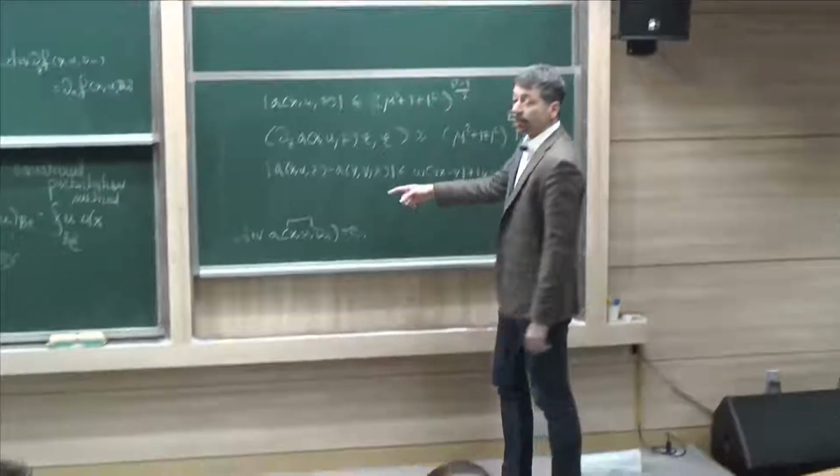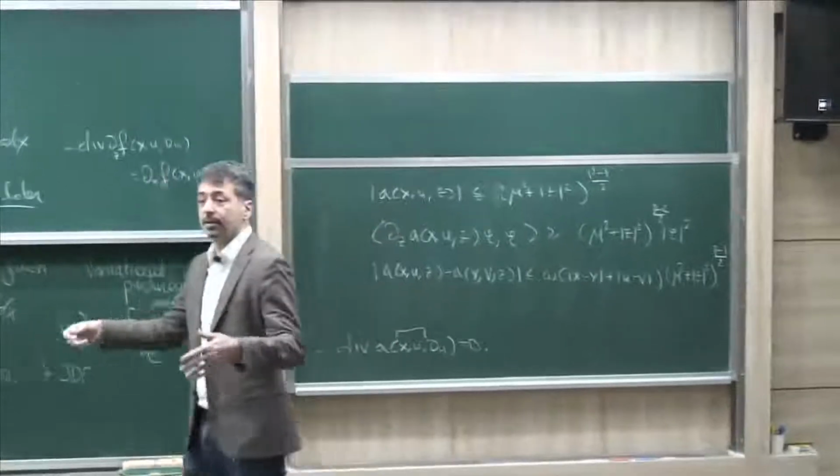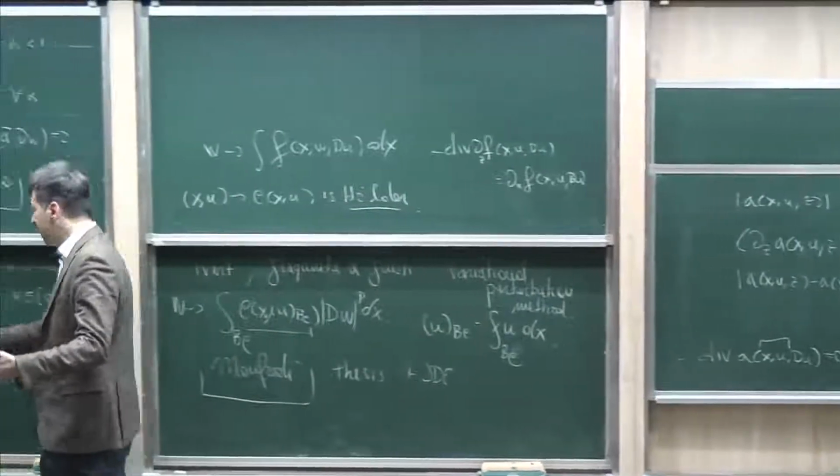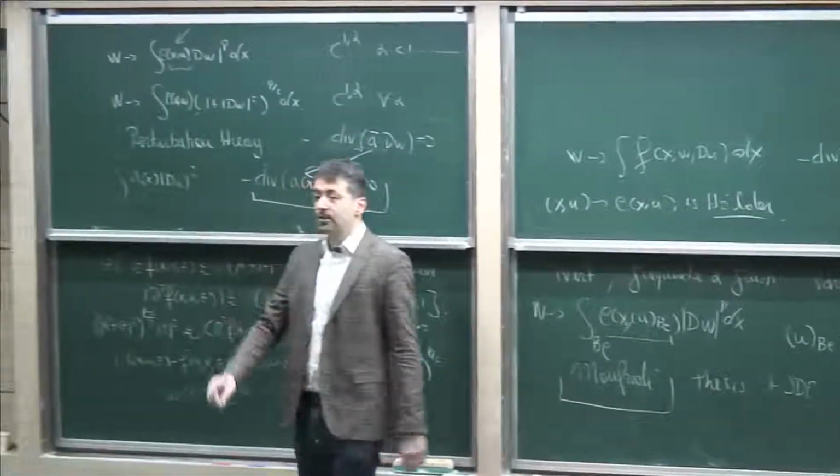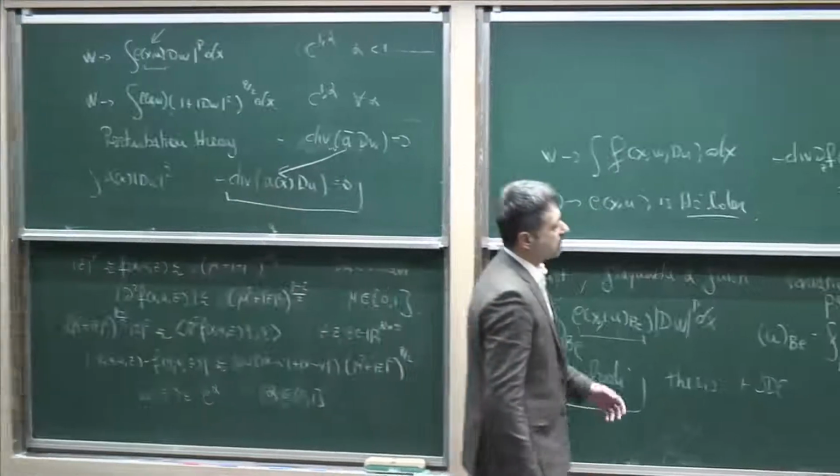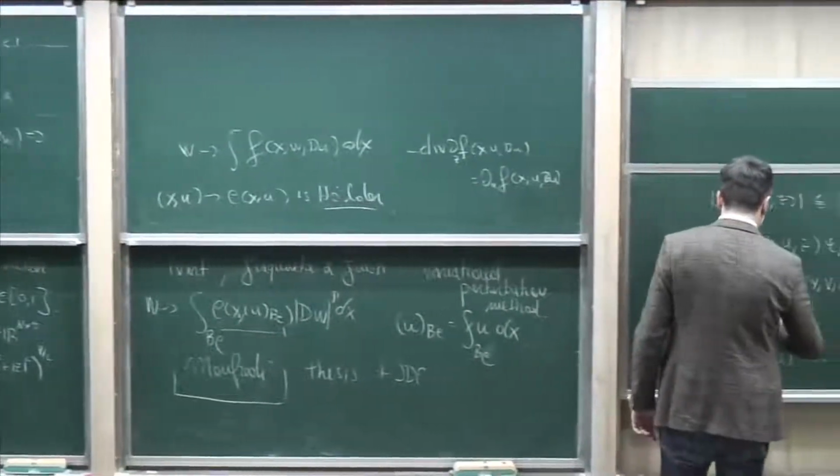So under the same assumption, solutions have Hölder continuous gradient, and the Hölder continuity is dictated essentially by the exponent here. So it's a sort of nonlinear Schauder theory.